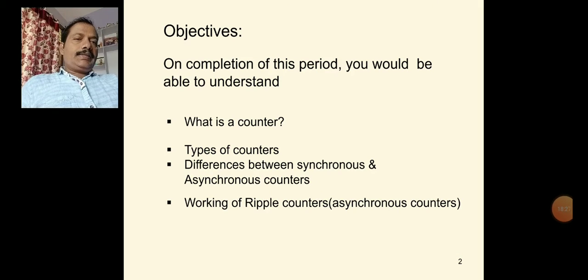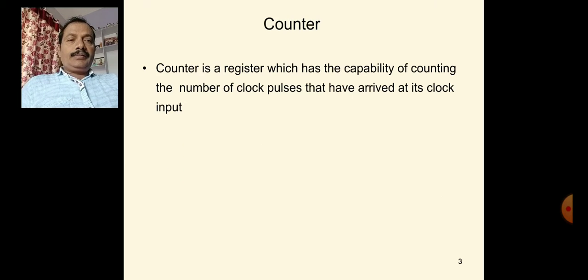In this class, we discuss the counter, and we'll see types and ripple counters. And now let us see, the counter is a register which has the capability of counting the number of clock pulses that have arrived at its clock input. So that is the definition of the counter.